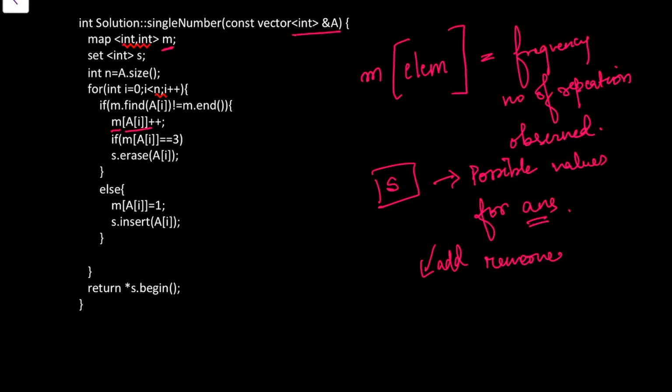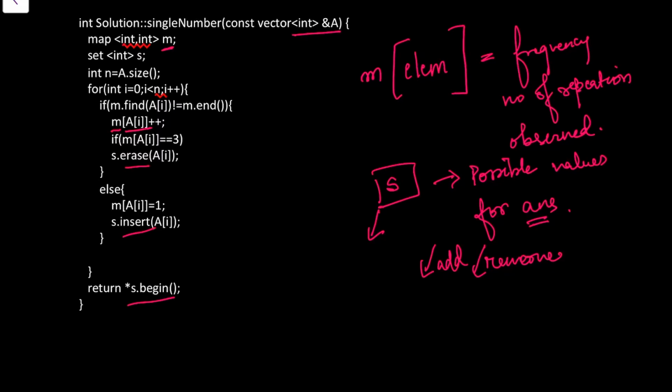We add the element when we think there is a possibility that this element can be the result. We remove it when we find that there is no possibility of it being the result. At the end, we just have a single element in this set. So we add it here, and we erase the element here.